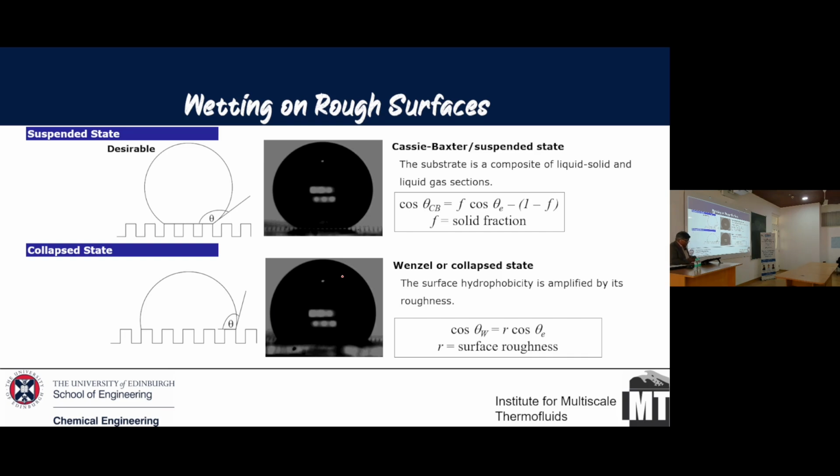As I mentioned, there's no such thing as a single equilibrium contact angle here. It's quite a complex thing, so we put some estimates in this way. For a Cassie-Baxter system, it completely depends upon the solid fraction, and this is the way one can estimate the so-called contact angle when it is sitting on a Cassie-Baxter system. If you have a Wenzel system, it's again totally dependent upon the roughness.